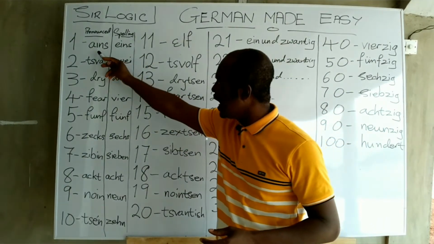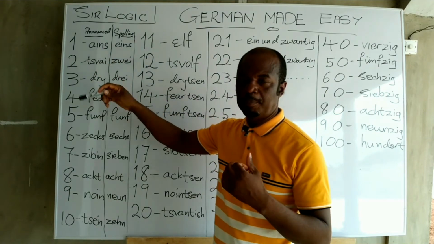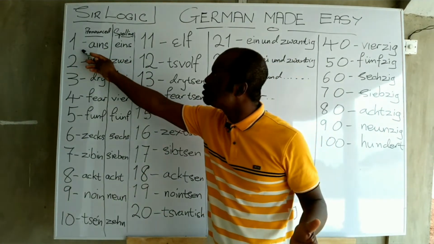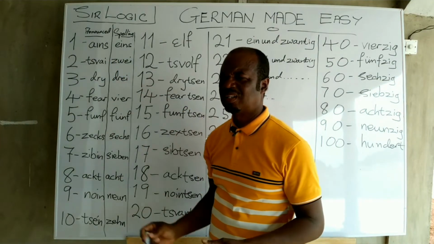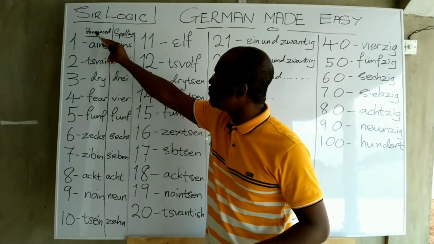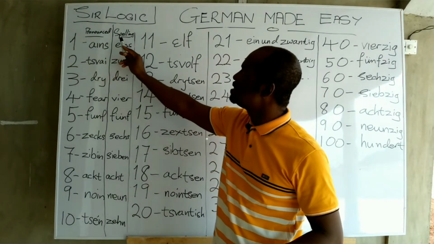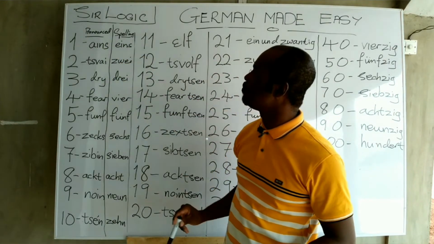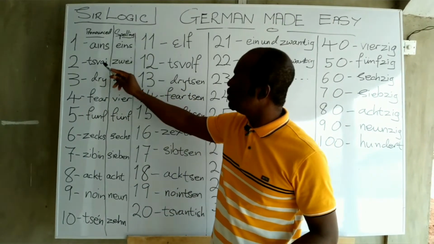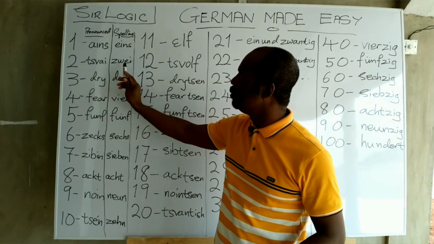So this is how we English-speaking people and all languages around the world will be able to know how to spell or pronounce 1 in German. That's how I've written the pronunciation and then the spelling. So the actual spelling is this and the actual pronunciation is this.